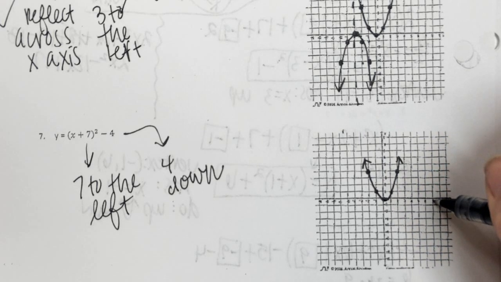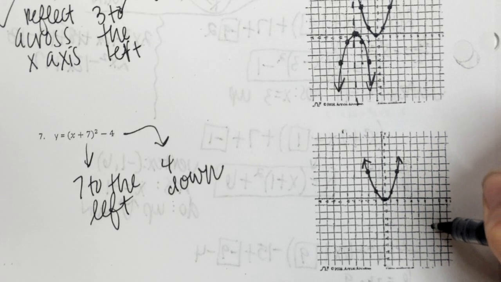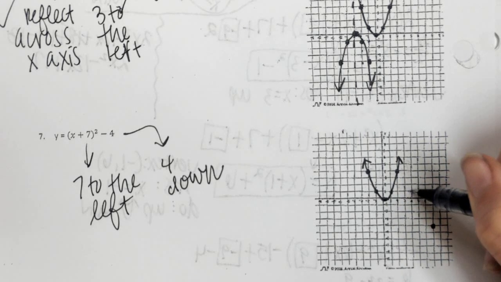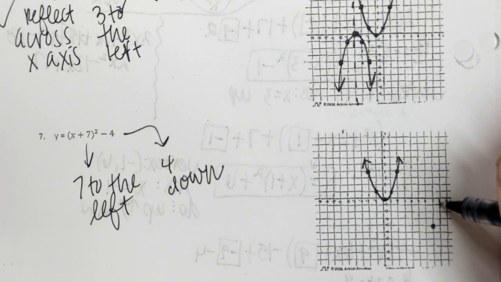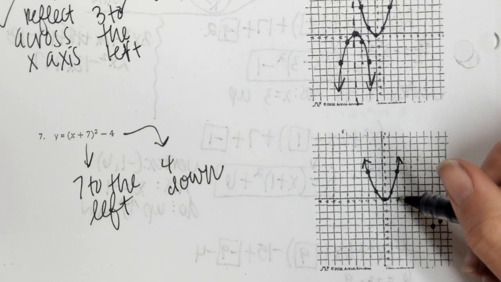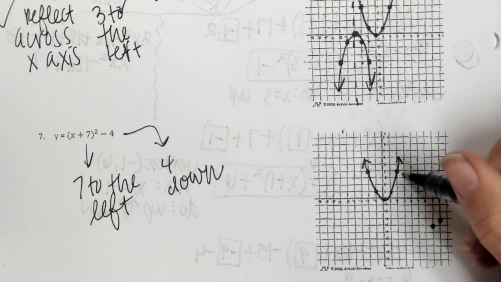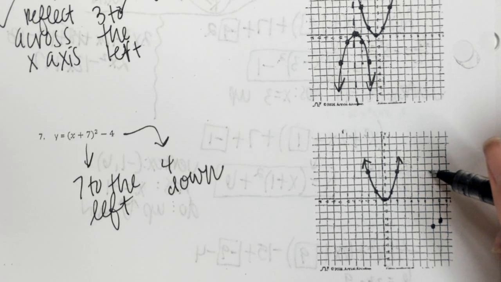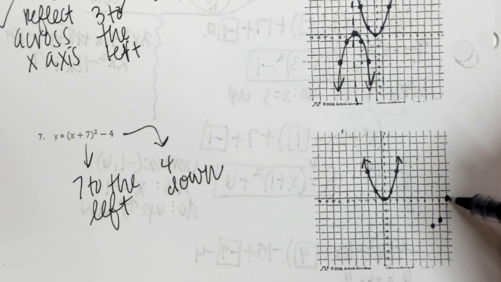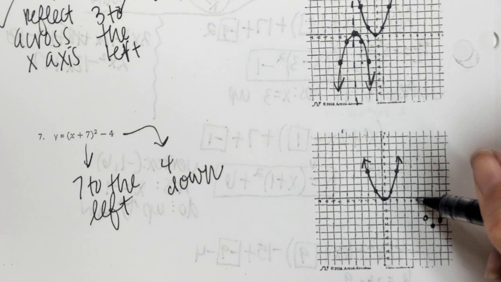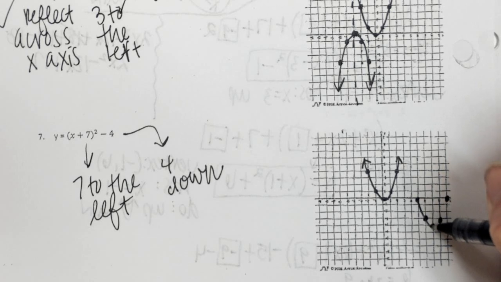So 7 to the left, 1, 2, 3, 4, 5, 6, 7, and 4 down, 1, 2, 3, 4. Now I'm going to move this one, and then this one, the same way. There we go. And now I just used my symmetry to draw my other points.